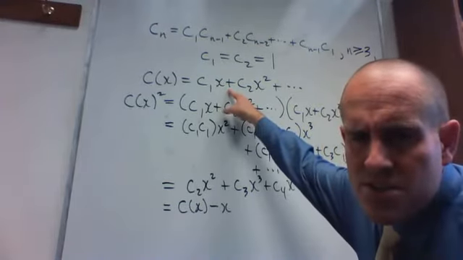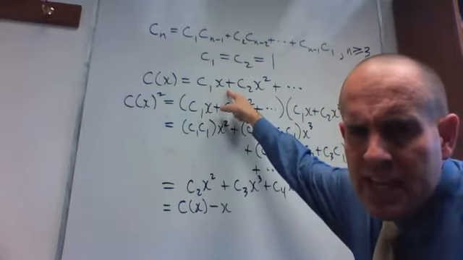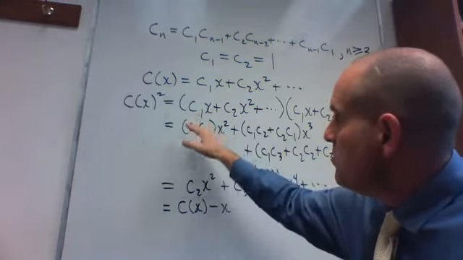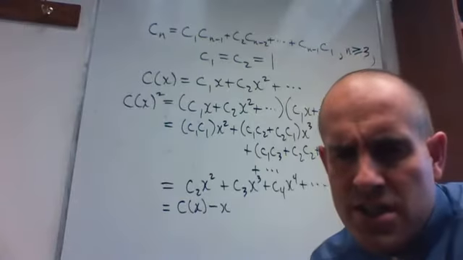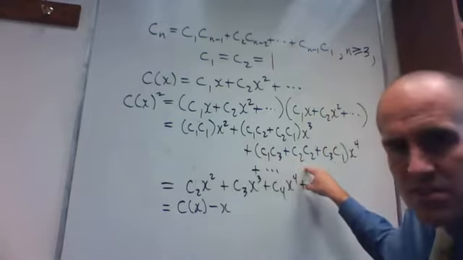Now, one thing to notice is that the constant term is 0 for this thing. And we recognized that eventually, if we square the generating function, you get this.